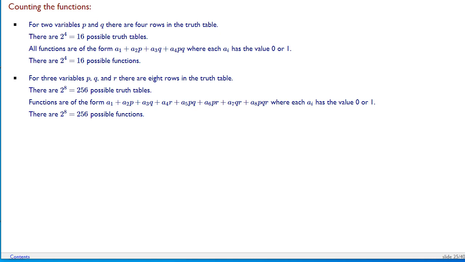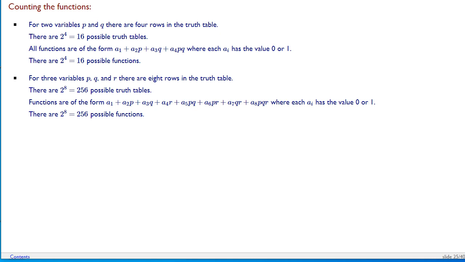And it will work with more variables. With 3 variables, you've got a truth table with 8 rows, and there are 2 to the 8th, which is equal to 256, possible truth tables.